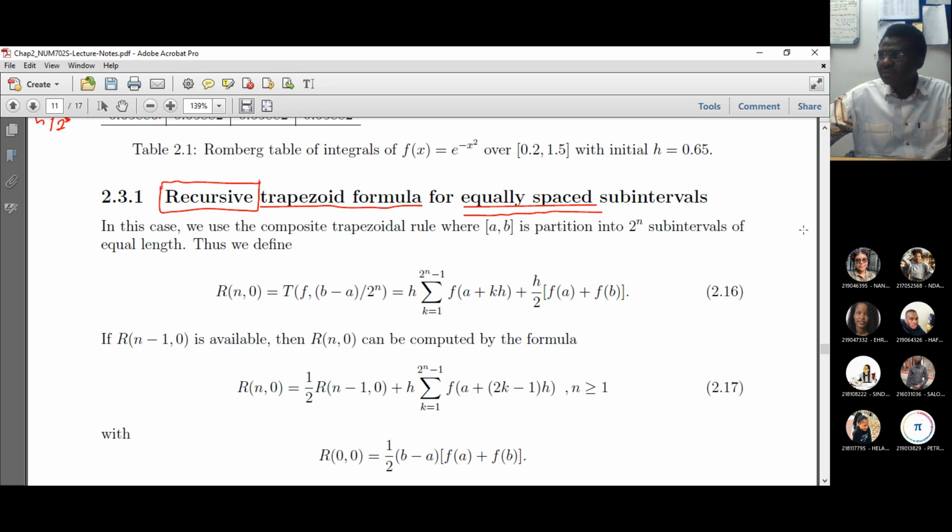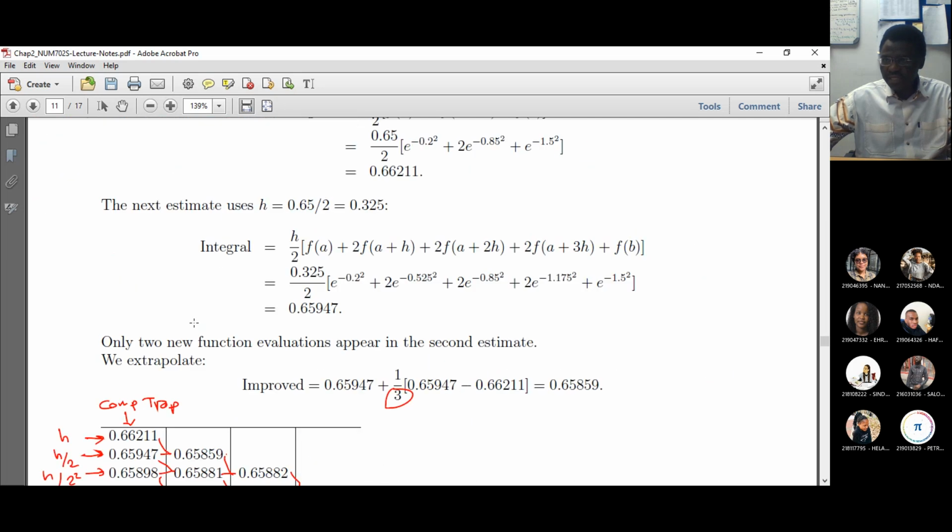And then, because we are going to use a recursion, we are going to define R_{n,0}. You see that when the second index is 0, you have the trapezoidal rule. So this indicates the first column, like in this table. Remember that this first column is the trapezoidal rule.